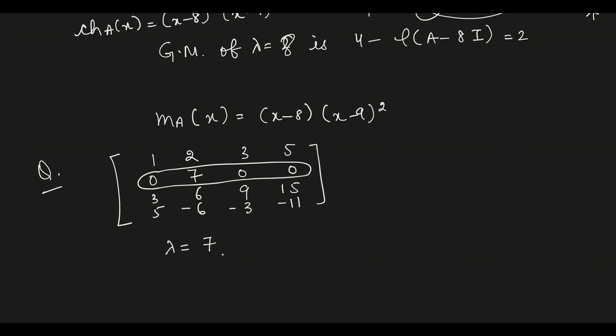And one of the eigenvalues will be 9 also, column sum 0. Next is 0. So next -10 remains.